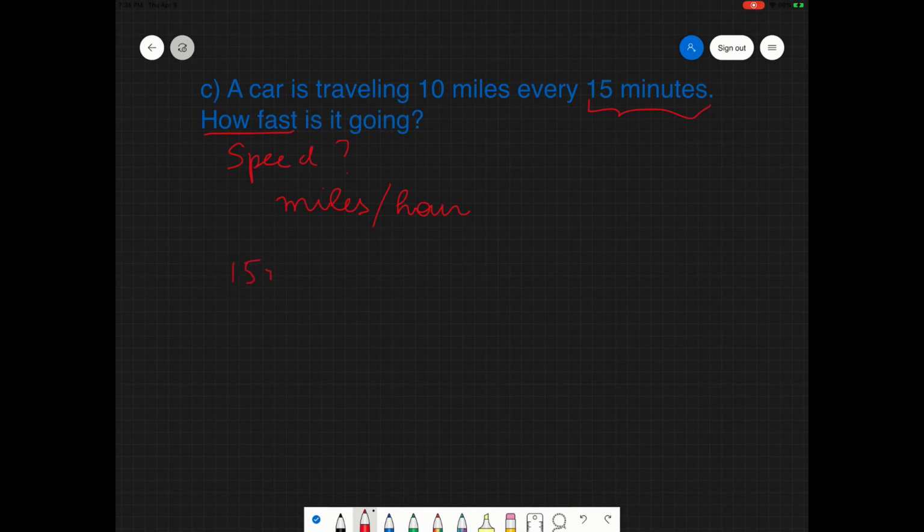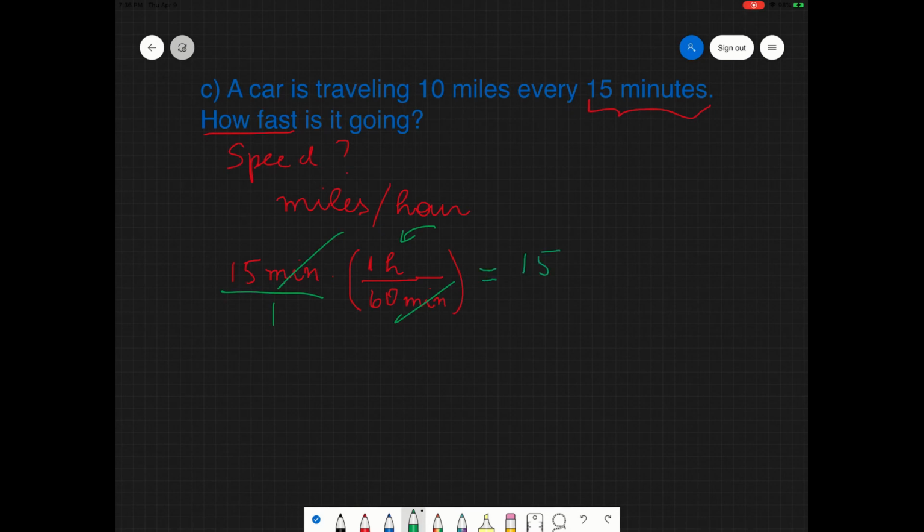So 15 minutes can be converted to hours if you multiply by the conversion factor of 1 hour divided by, in an hour we have 60 minutes, so divided by 60 minutes. Multiplying these two fractions, the fraction of 15 minutes over 1 and the fraction 1 hour divided by 60 minutes, we see that we can cancel the undesirable unit, which is minutes, and the result is going to be whatever leftover units we have, which is going to be hours.